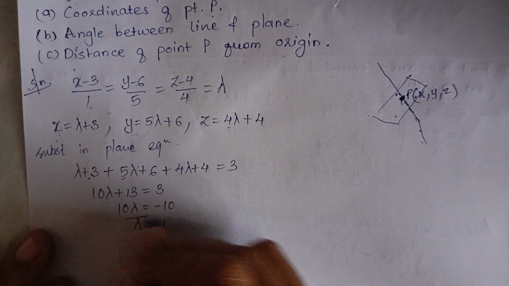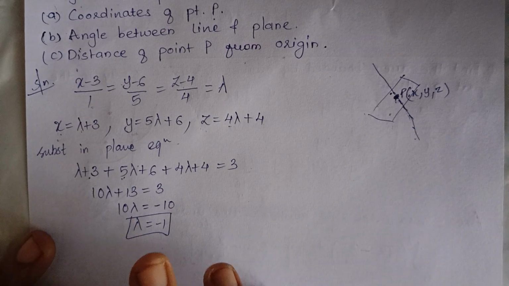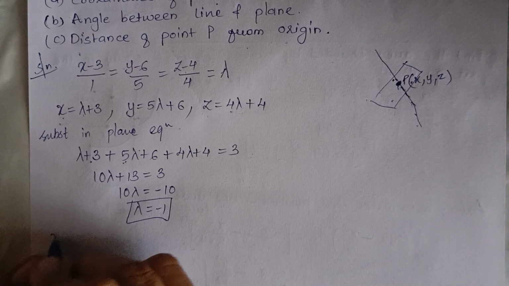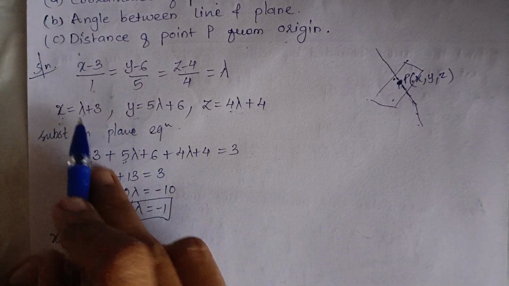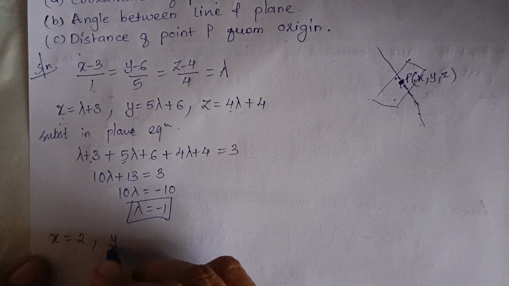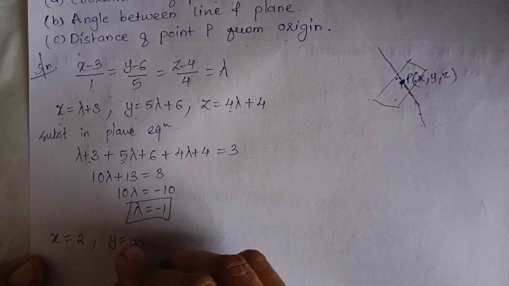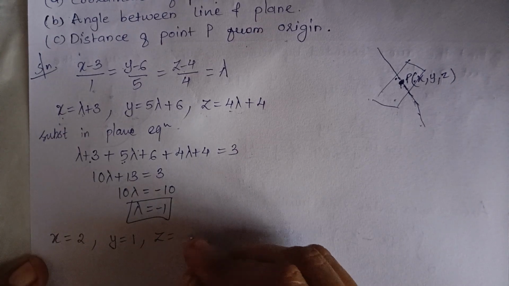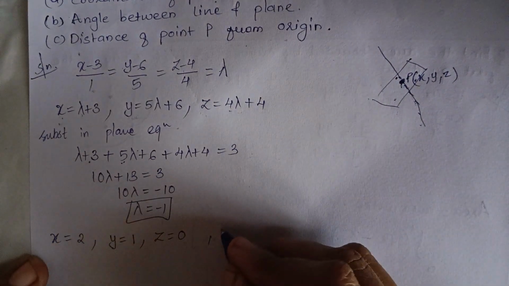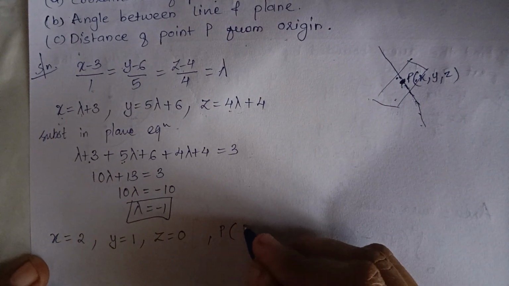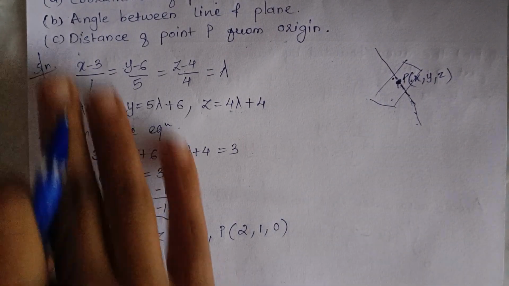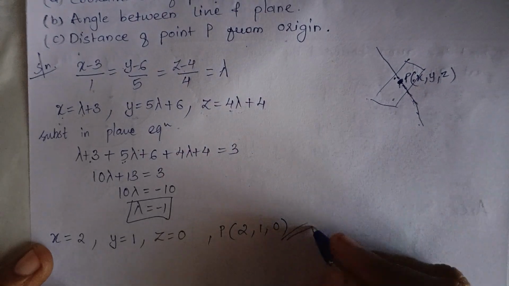So lambda is minus 1. Now you have to substitute this lambda to find x, y, z. So x is minus 1 plus 3, which is 2, y is minus 5 plus 6, which is 1, z is minus 4 plus 4, which is 0. So our point P has coordinates 2, 1, 0. So the first one is done.